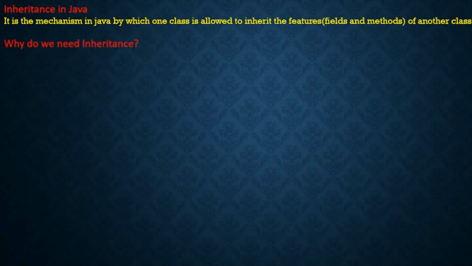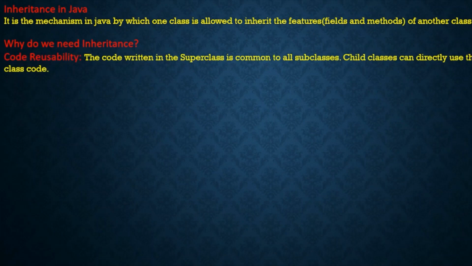So why do we need inheritance? We need inheritance for the purpose of code reusability. What do you mean by code reusability? I have explained what inheritance is. One class is trying to inherit some properties, the fields and methods.